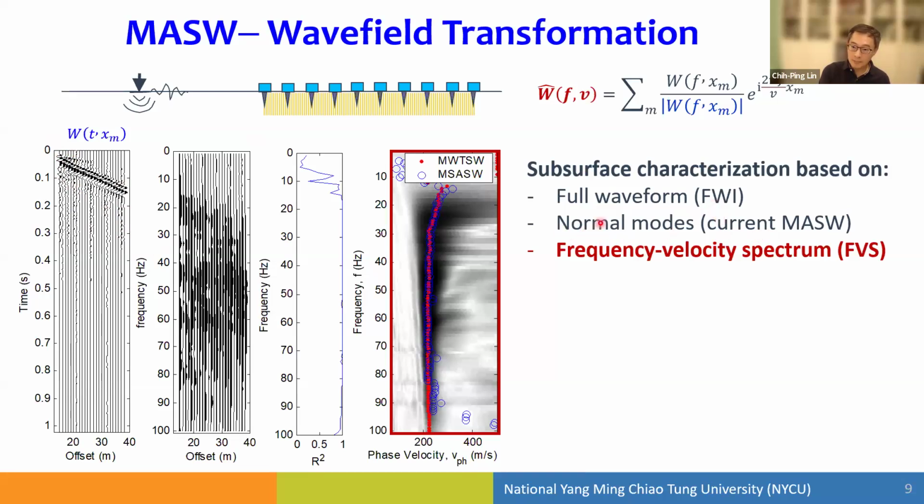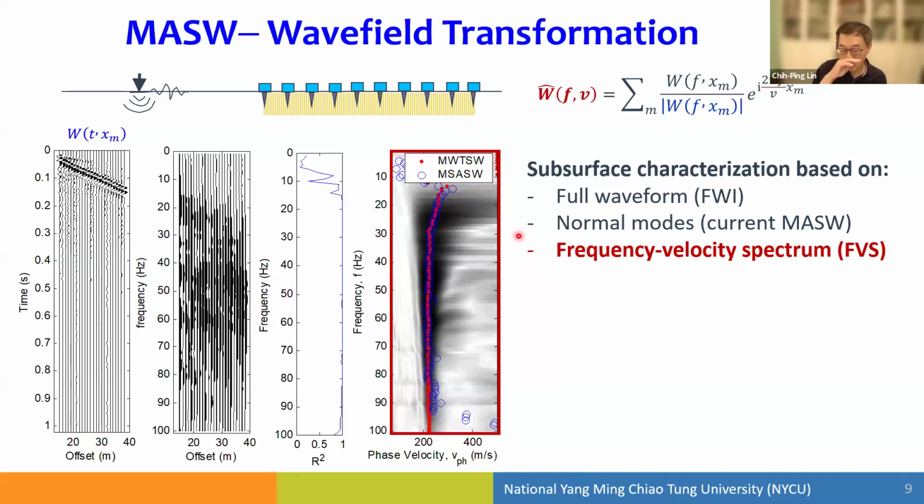Another possibility is the current practice of multi-channel MASW, which is based on fitting the normal modes. So we pick the spectral peak under some condition, mostly the spectral peak in the dispersion spectrum corresponding to a certain mode, especially the fundamental mode.